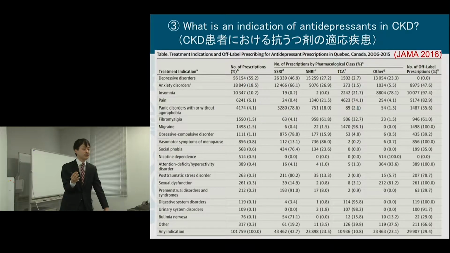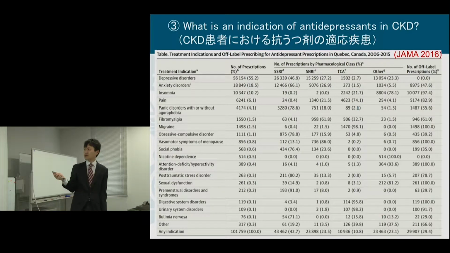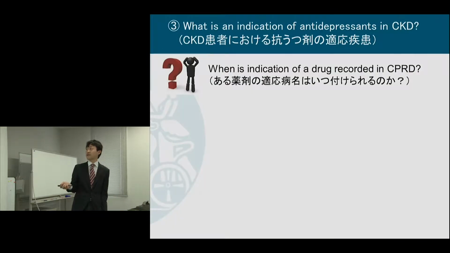But in most databases in the world, like CPRD and the Japanese JMDC database, diagnosis and prescription are separate, so we don't know which diagnosis is contributing to the prescription. So a strategy is needed to identify when the indication of a drug is recorded in the database.